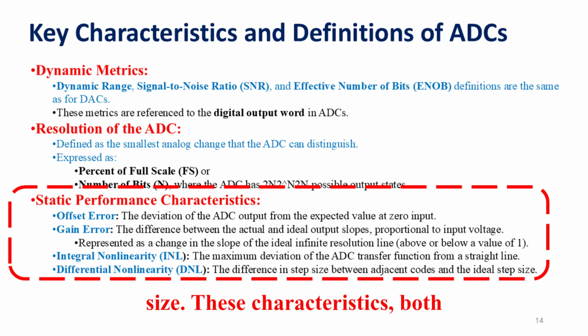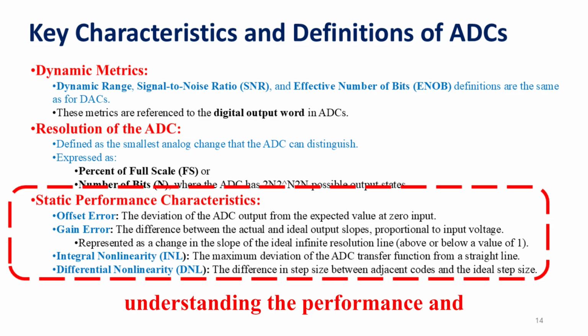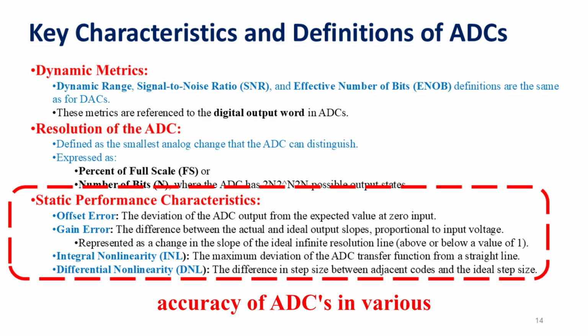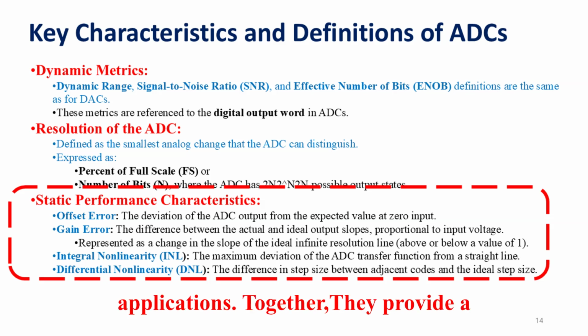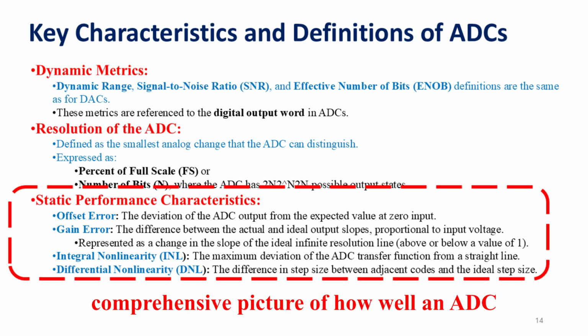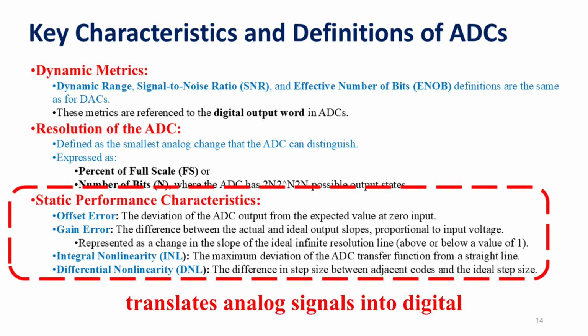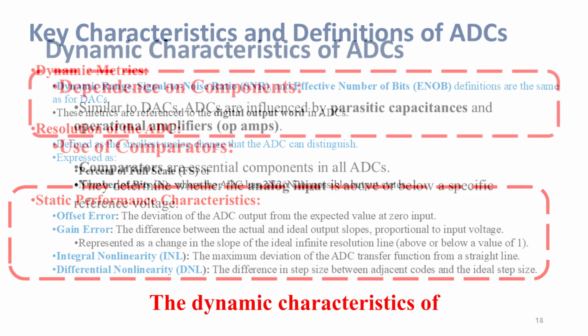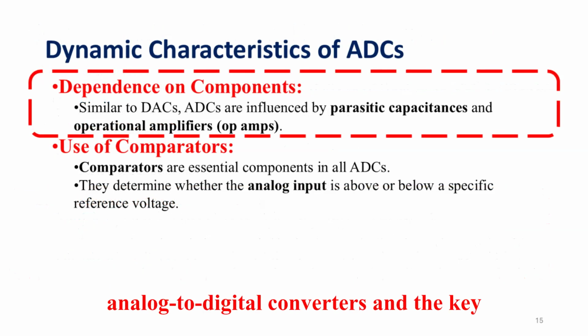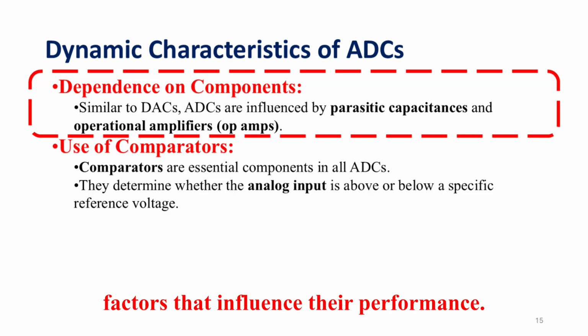These characteristics, both dynamic and static, are essential for understanding the performance and accuracy of ADCs in various applications. Together, they provide a comprehensive picture of how well an ADC translates analog signals into digital data. The dynamic characteristics of analog-to-digital converters and the key factors that influence their performance.